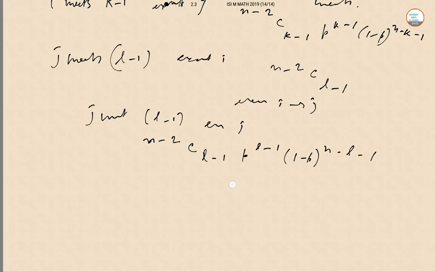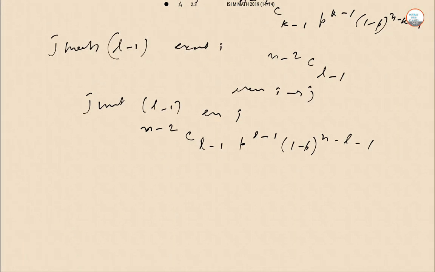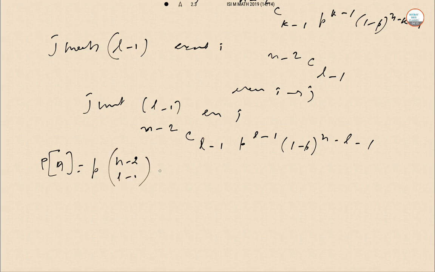Okay, so finally we can say the probability of A is C(n-2, k-1) p^(k-1) (1-p)^(n-k-1) times C(n-2, l-1) p^(l-1) (1-p)^(n-l-1), written this way to save some space.